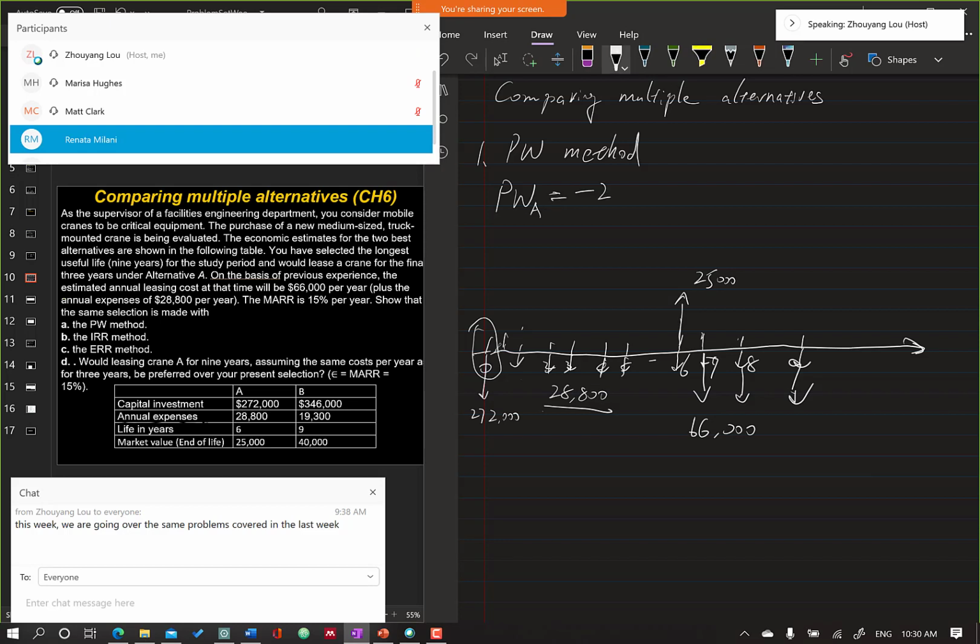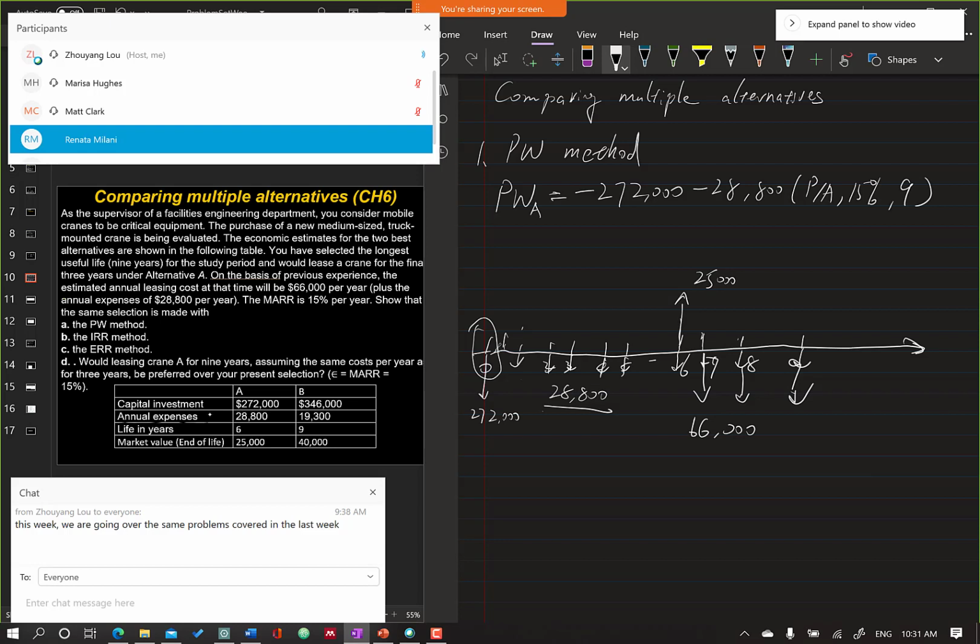That's just minus 272,000. And the annual expenses, that's minus. So that's the annuity. We have the annuity of 28,800. We want to find the present worth given the annuity, 15% and 9 years.